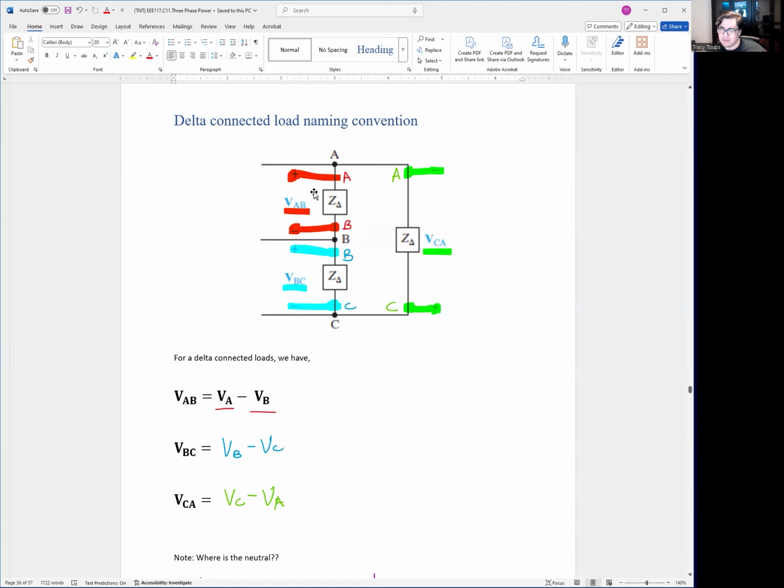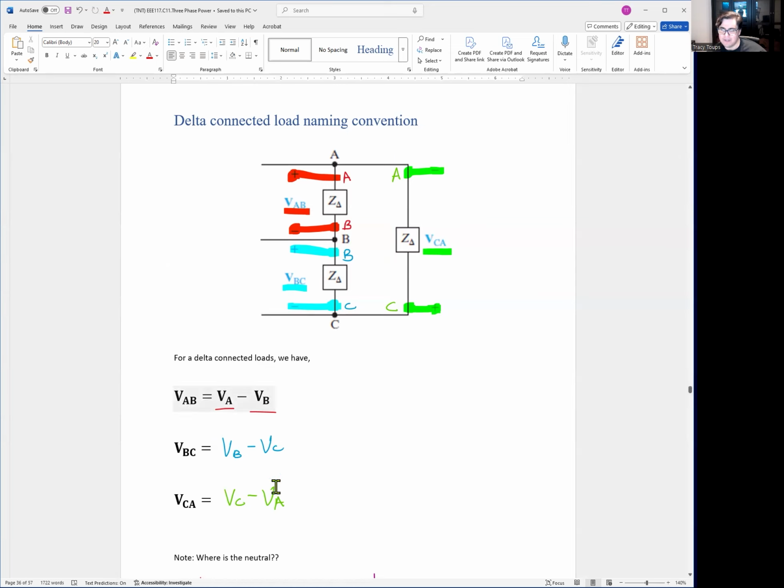Lastly, and if you notice, it's always positive and negative, then positive and negative, just to keep the convention going. The last Z delta is going to have a positive voltage on the C phase, and then a negative voltage back on the A phase. And the voltage across the Z delta is VCA, which is C minus A.